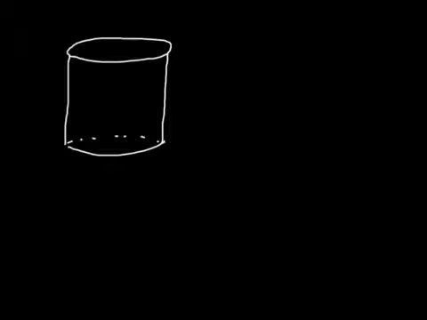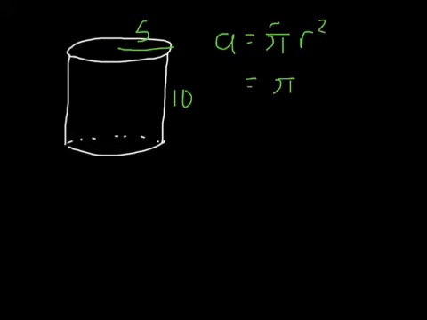Cylinders are the same thing. You just have to find the surface area of the face and then times it by the height. So let's put in some information here. Let's make this 5, and the height can be 10. The surface area for the face of the cylinder is pi r squared, and that's going to equal pi times 5 squared, which equals 78.5 centimeters squared.